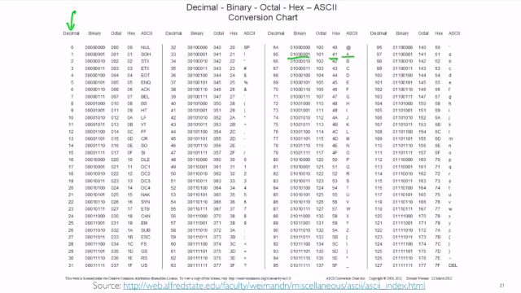Similarly, this is uppercase A, so the agreed upon value of lowercase a is 01100001, and its hexadecimal value is 61. So similarly, you can have a look at other possible characters, and this is how the equivalents vary.